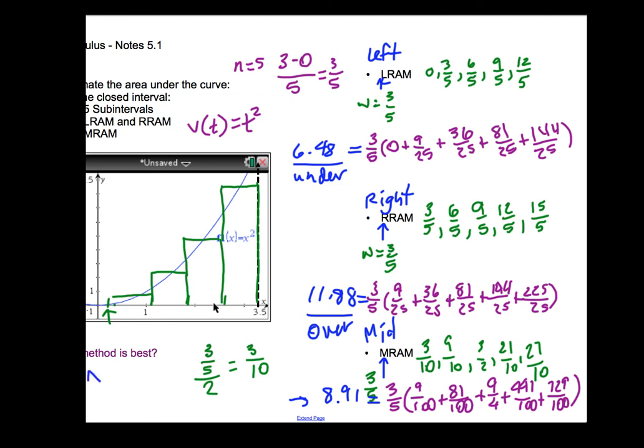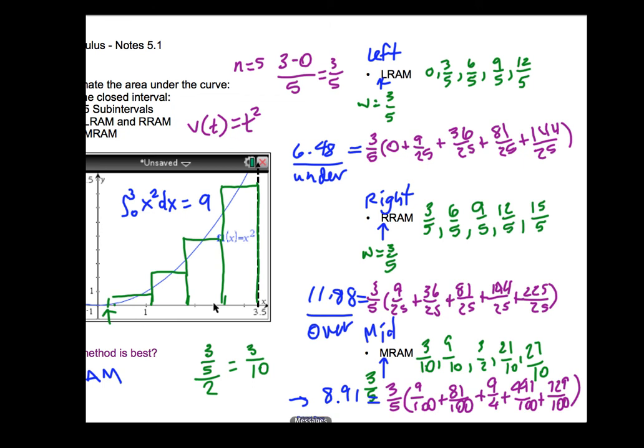It gives you the most accurate measurement, because if we look at the integral of this and we evaluate it analytically, we're going to find that the integral from 0 to 3 of x squared dx is equal to 9. And we're going to learn how to do this, but you'll notice which one's closest, 6.8, 11.8, or 8.9.